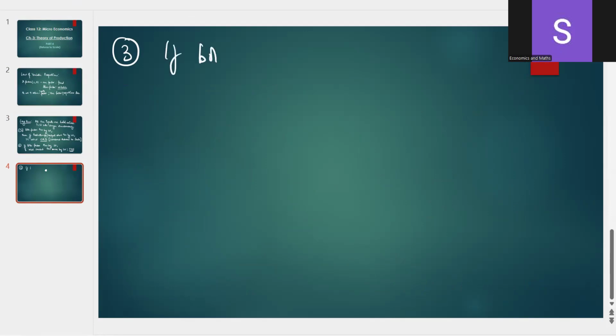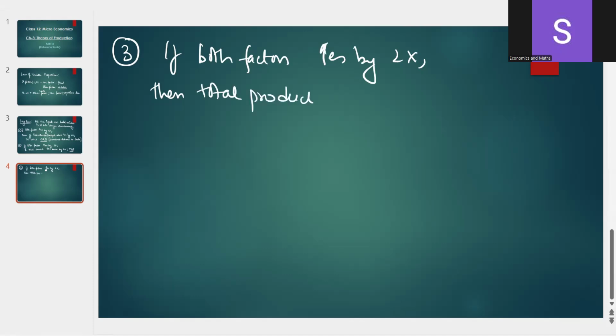If both the factors increase by 2x and the total product increases by less than 2x, then it is called decreasing returns to scale.